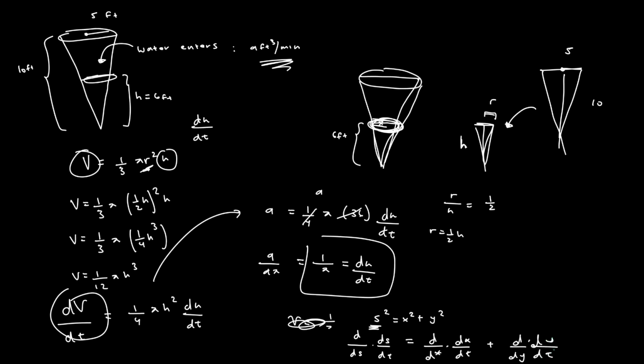That's the reason we are able to say that the relationship of this equation with respect to t is 2s times ds over dt equal to 2x times dx over dt plus 2y times dy over dt, because of this chain rule implicit differentiation thing. Because d over ds is 2s, and then you have to multiply by ds over dt, since s is changing with respect to t.